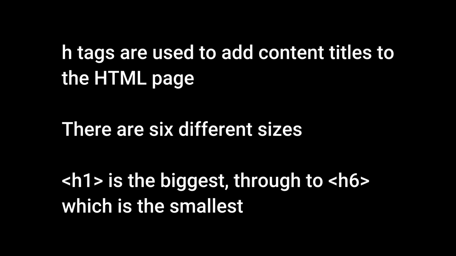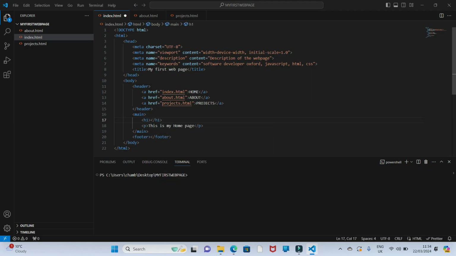The first tag we will add is a H tag. H tags are used to add content titles to the page. There are a total of 6 different sizes of H tags, H1 being the largest and H6 being the smallest. Let's add these in, like this.